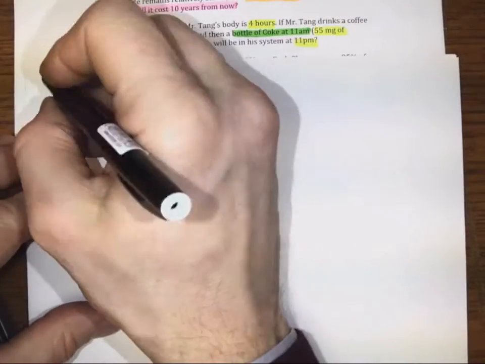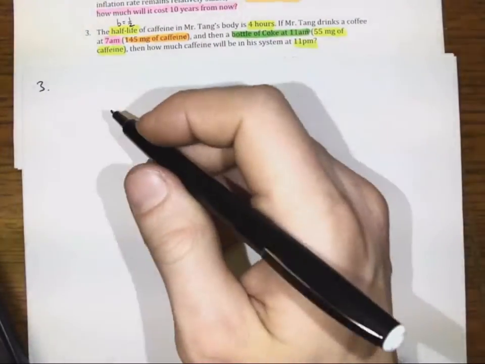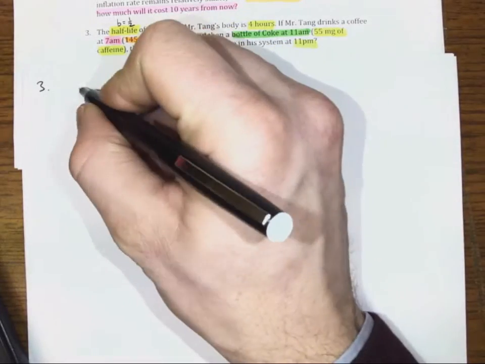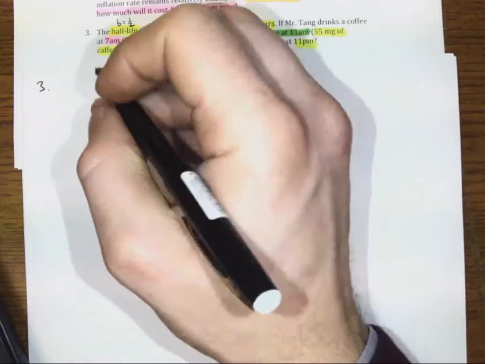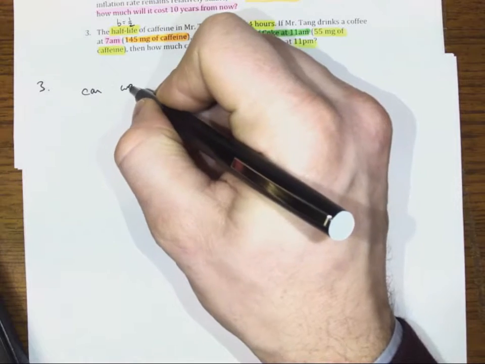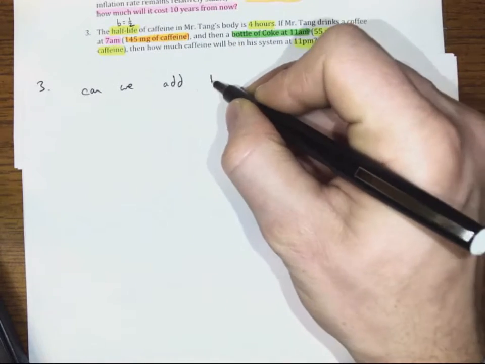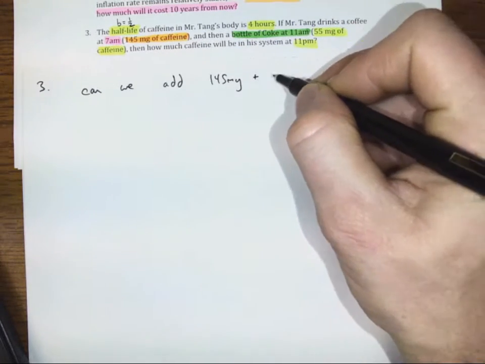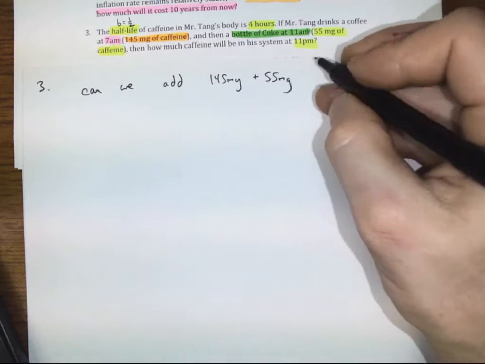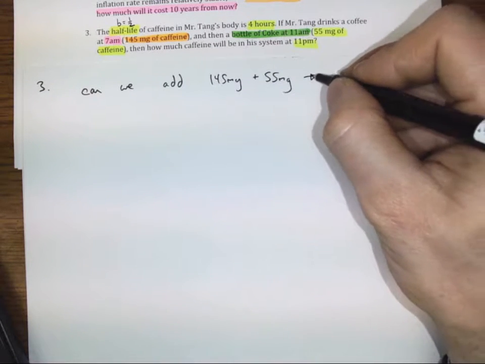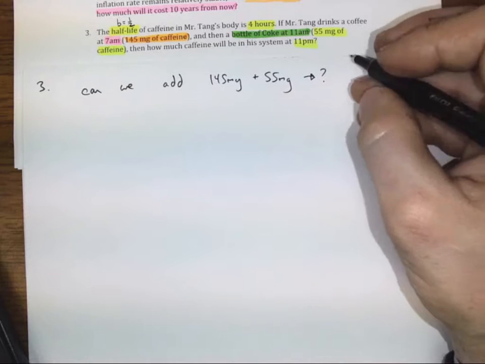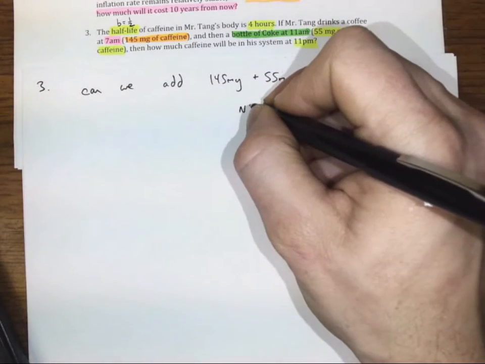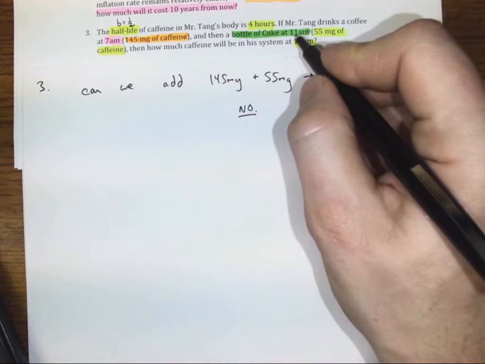So, what's happening here? Can we just add 145 milligrams and 55 milligrams and let that represent our Y value? No. Because by the time Mr. Tang drank his Coke, the caffeine had already started to degrade.